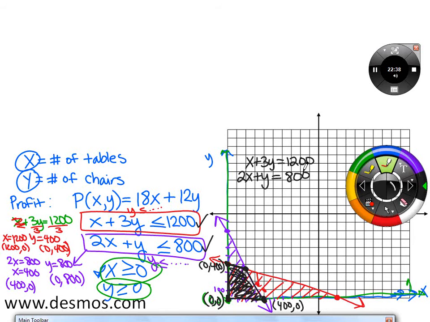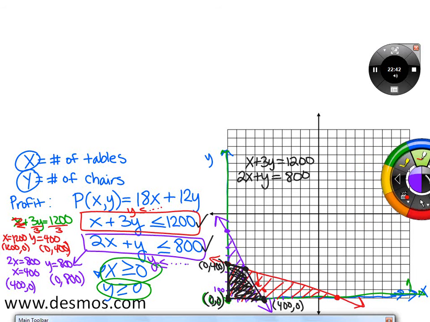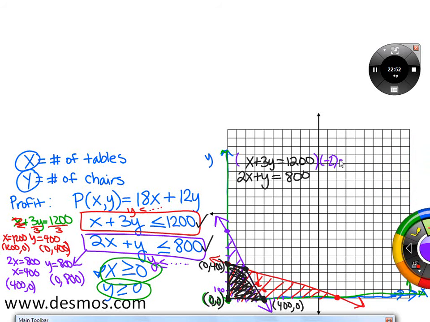Okay? All right, so I don't know. What do you guys want to do? Get rid of x? All right, so like multiply this by -2. Is that what you're saying? Yeah? Okay, so let's multiply this by -2. So that will give me -2x minus 6y equals -2,400.